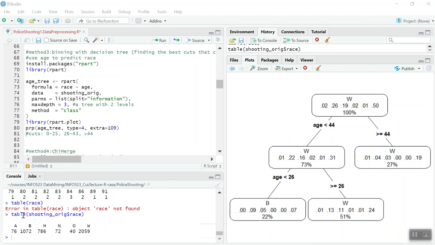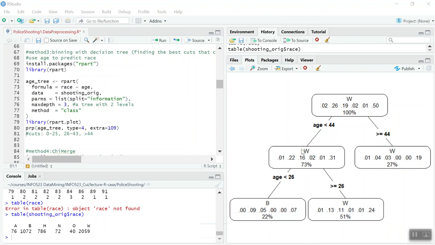So I made a table running race. We see the first one is A, second one is B, the third one is H, then N, O, W. So white is still the most prominent, but Black and Hispanic also represent a substantial portion of observations in this node.